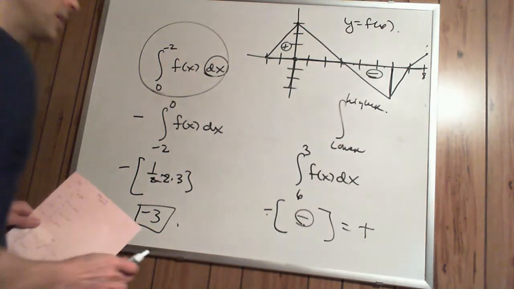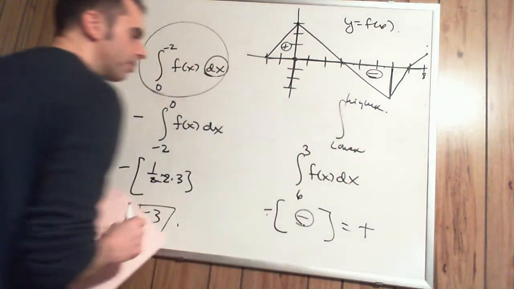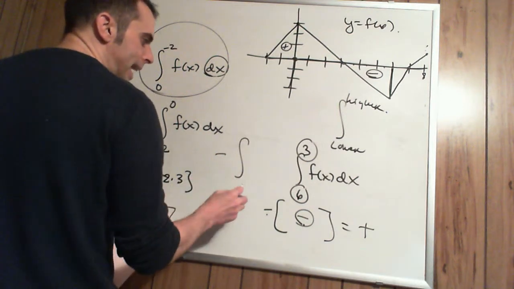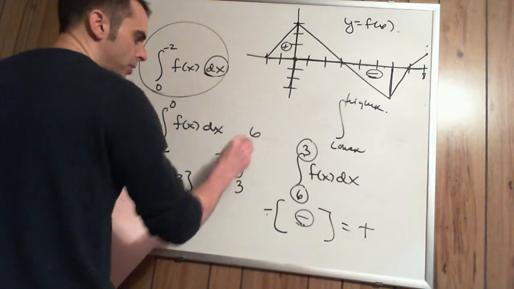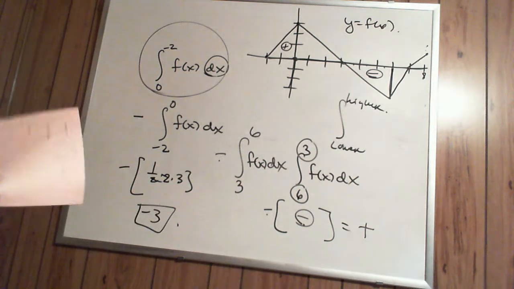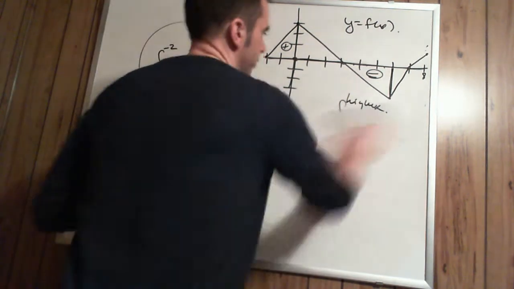To get used to integrating, it's always better to integrate from a lower to a higher number. When you switch the limits of integration, you negate the sign. So it'd be the negative times the definite integral from 3 to 6 of f of x dx. Okay, and just 2 more parts.